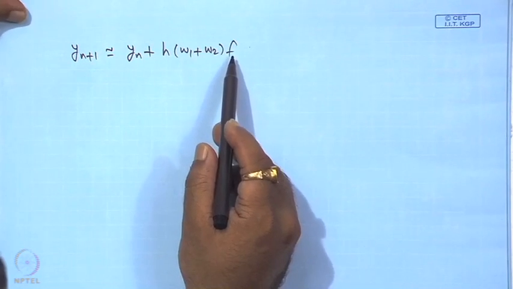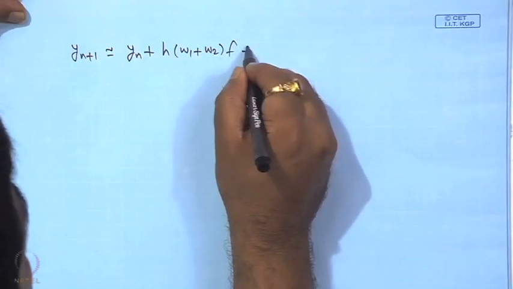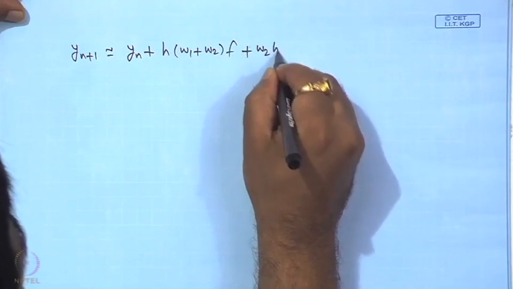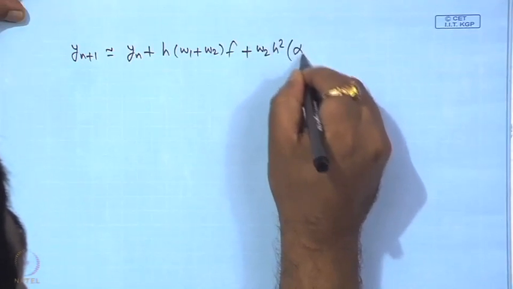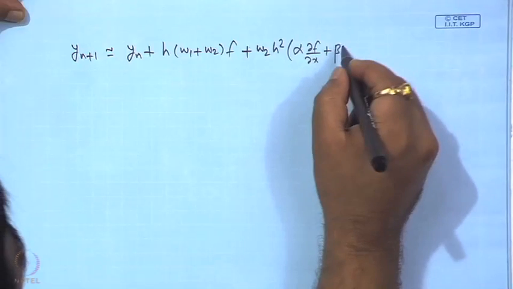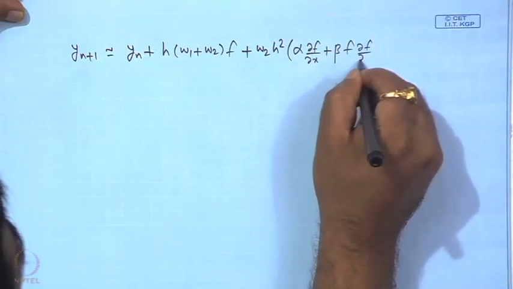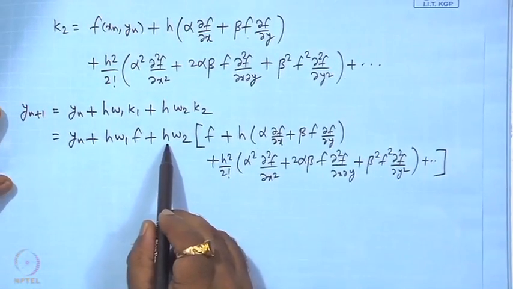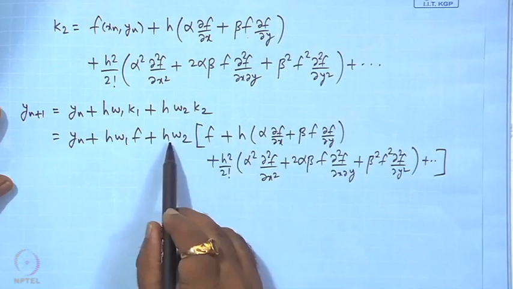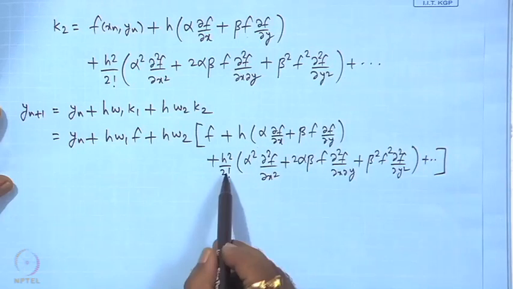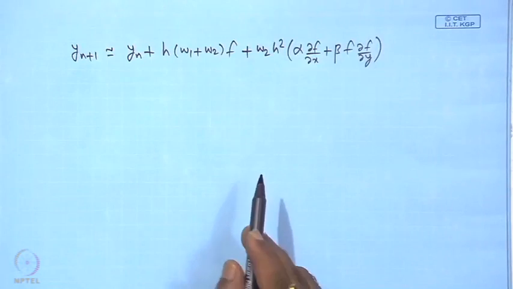Okay. So, similarly, we get, so this is the next term. So, h square, how do we get it? Look, h square W2 times this. Okay. So, now h cube will come from this term. Okay.